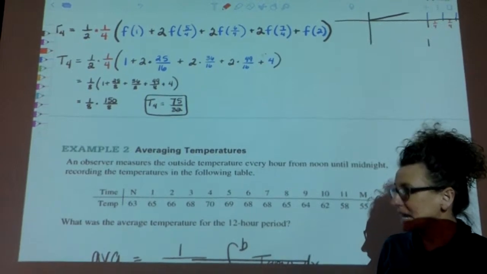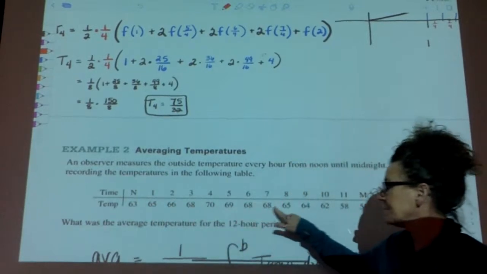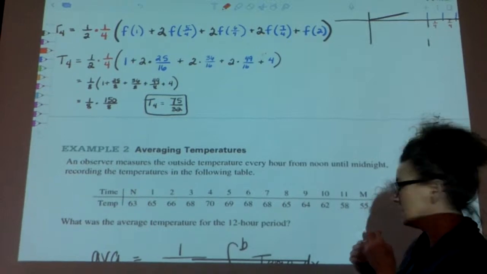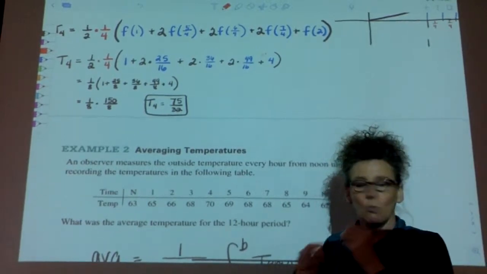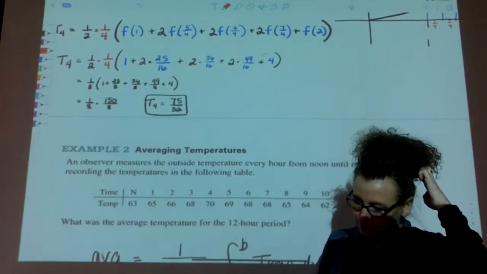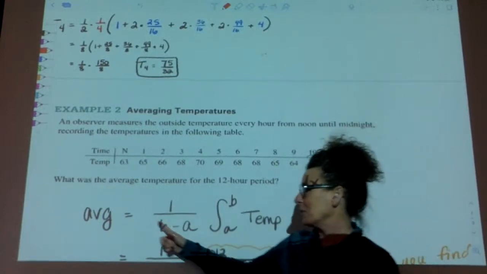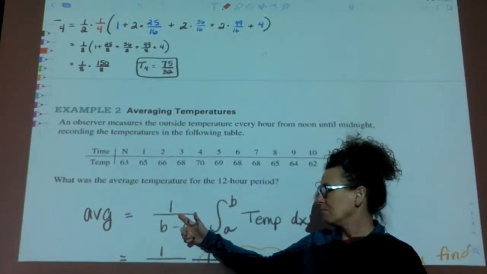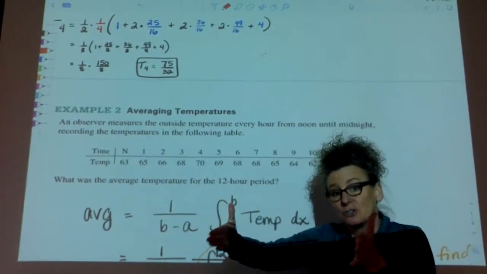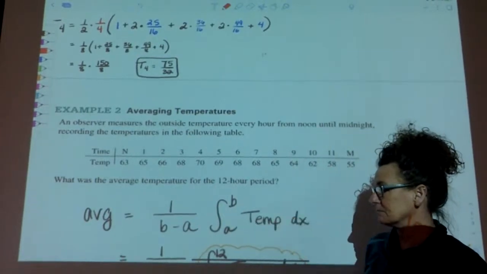And I am 99% sure if you take all of these values, add them together, and divide by 13, we're not going to get the same answer. Somebody's going to try it. Average value. We're going to do the integral divided by the interval to get the average value on this function.